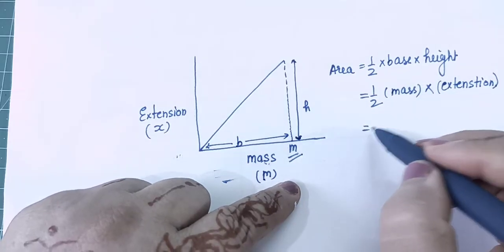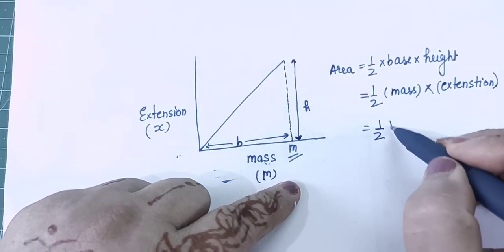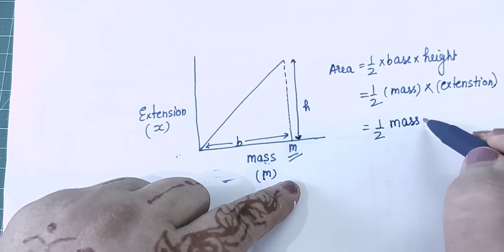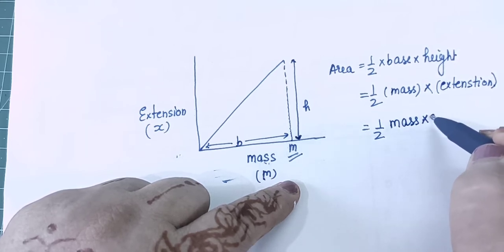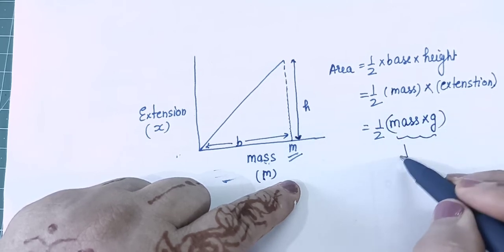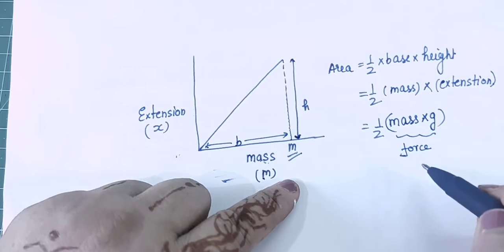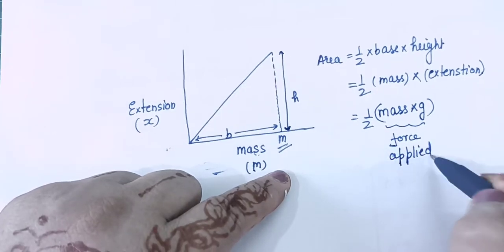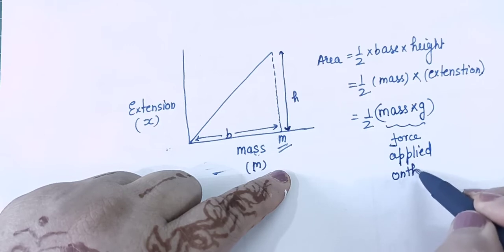I can write it as half mass, and if I multiply this mass with the gravitational acceleration, then this will be the force applied on the spring. Right?